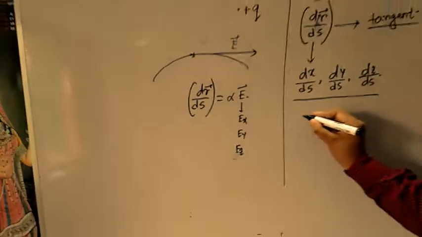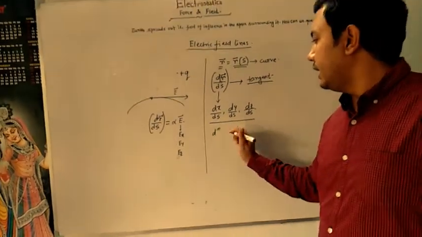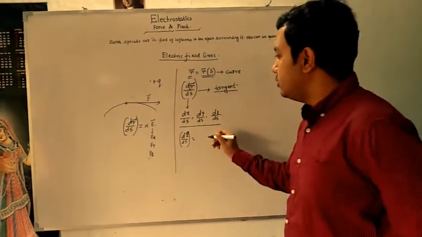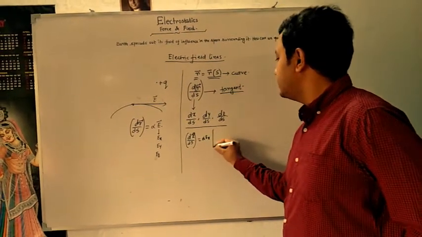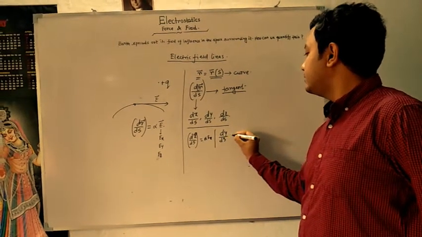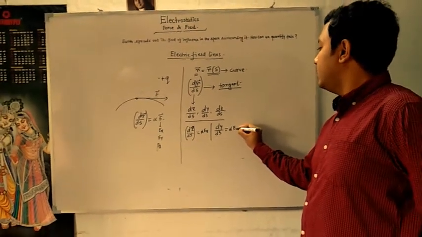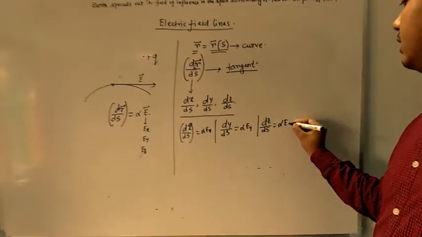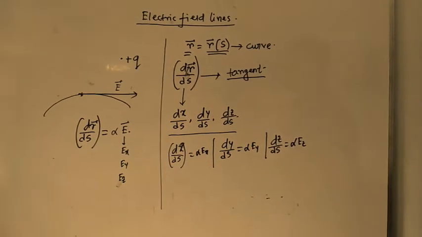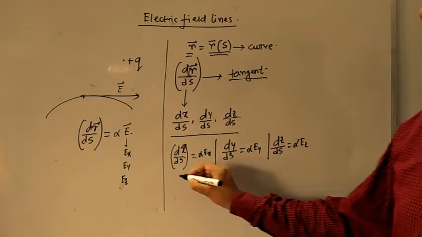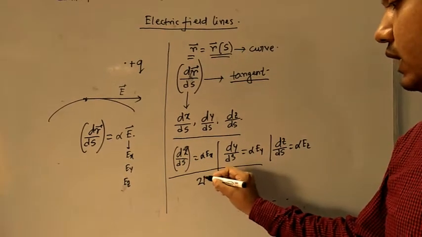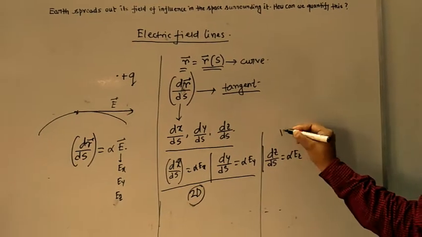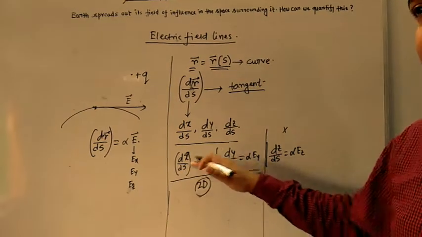So we can write dx ds is equal to alpha Ex, dy ds is equal to alpha Ey, and dz ds is equal to alpha Ez. For simplification or very easy calculation, we can consider 2D or two-dimensional geometry, we can neglect the z component and we can consider these two components.